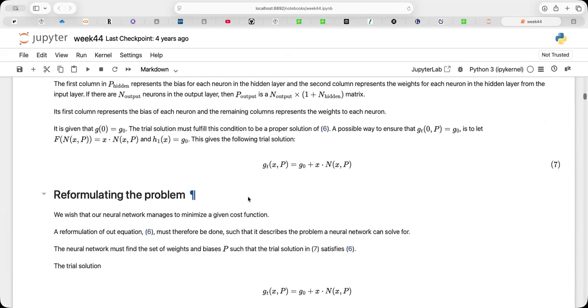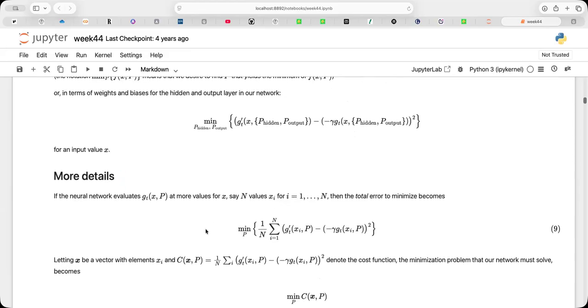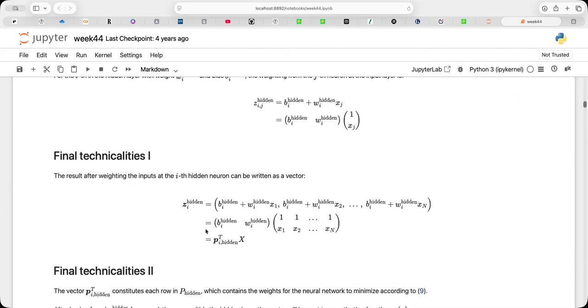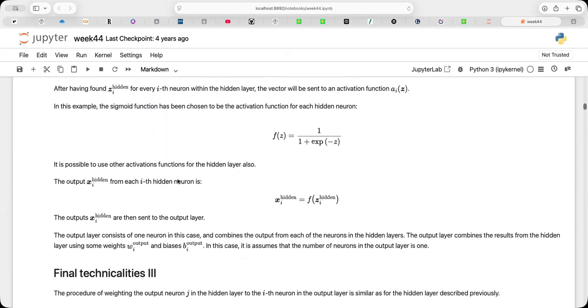So if we now go and look at the setup of the network. The first part here, I'm going to go quickly through that because that is essentially the setup of a neural network, which you now have done. We have one hidden layer here. And the final technicality is that we are going to use the sigmoid as an activation function. The cost function is the function f, which is actually the difference between the right-hand side and the left-hand side squared.